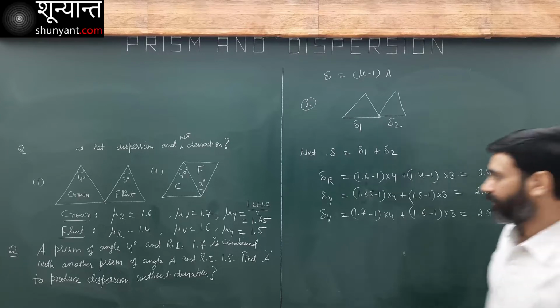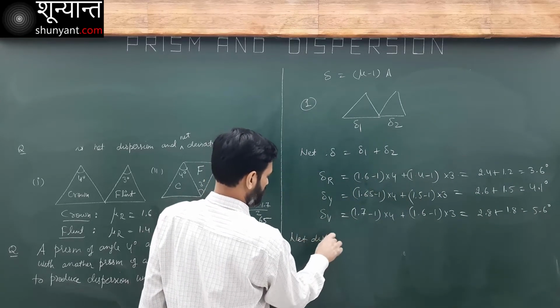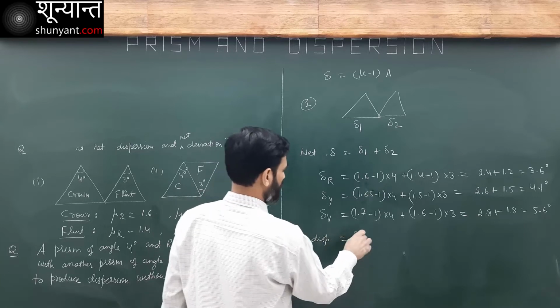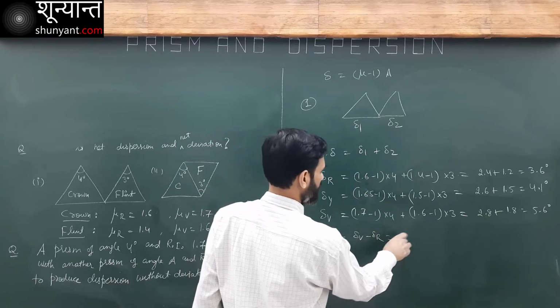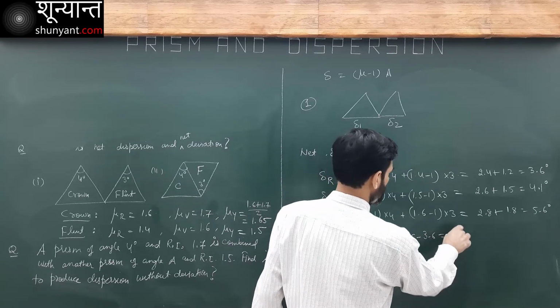Net dispersion is equal to delta V minus delta R. So 5.6 minus 3.6, it is 2 degree.